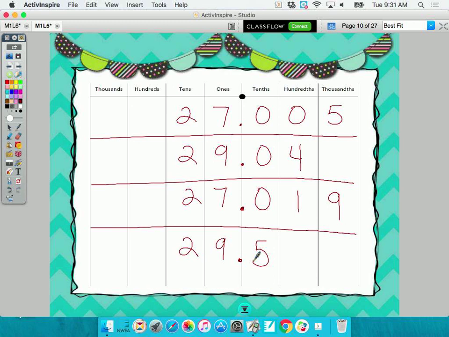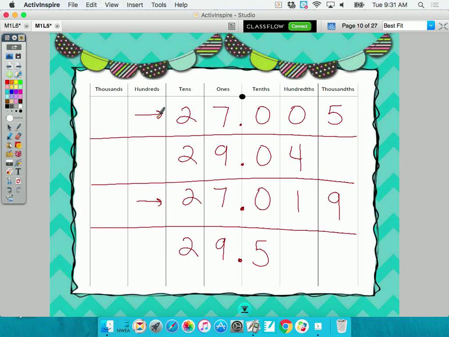Now the directions say from least to greatest. So right now I'm going to start by looking at whole numbers. Follow my eyes. I've got 27, 29, 27, 29. So which two am I going to look at first? 27. So now that the 27s match, I go over to the decimal place values.